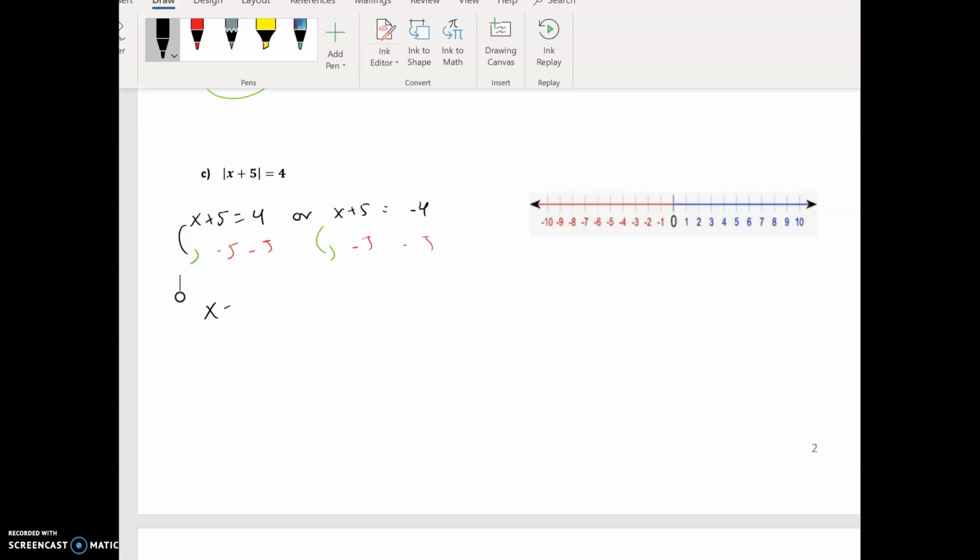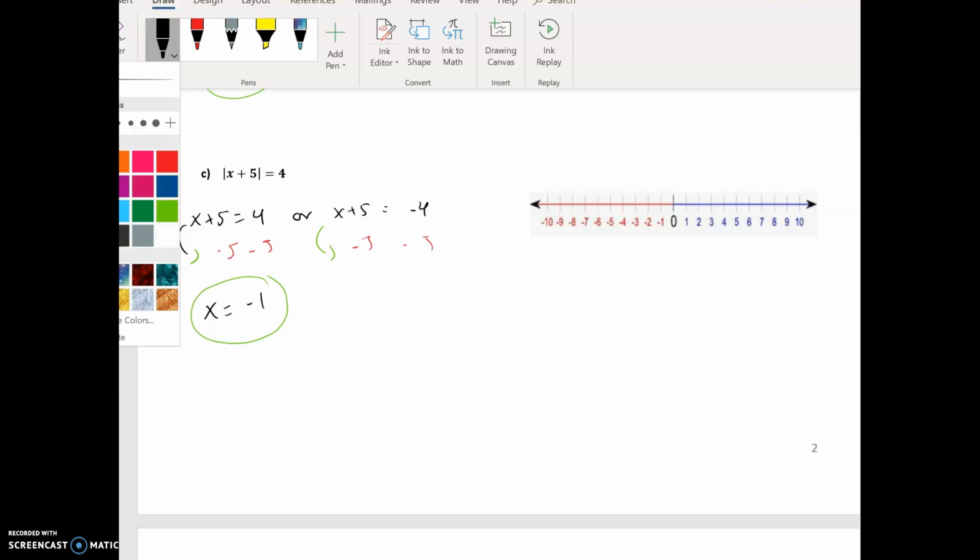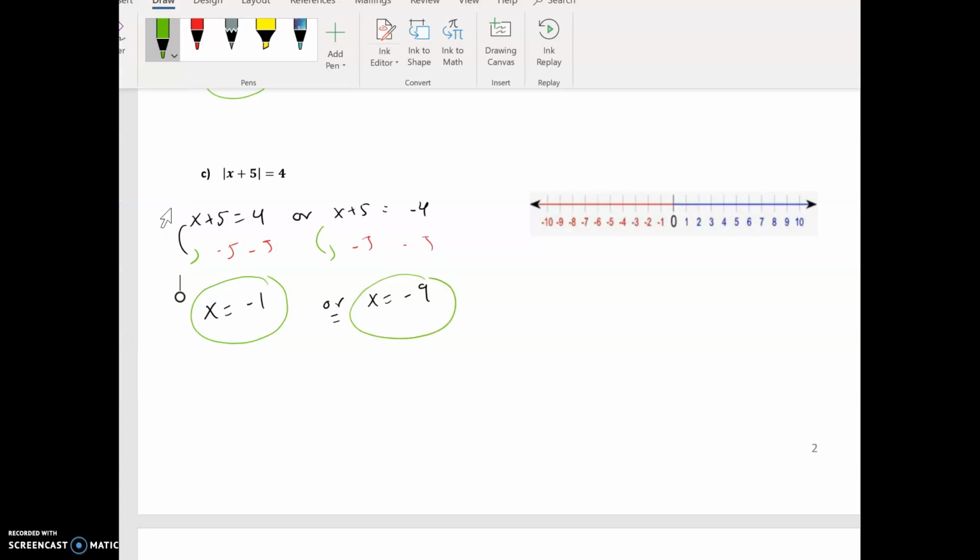So as we look at the first solution, x is equal to 4 minus 5. We're getting negative 1 on the first one. And technically, our final answer is going to say or. And as we look at the last one, x is equal to negative 9. So our final solution is going to be negative 1 or negative 9.